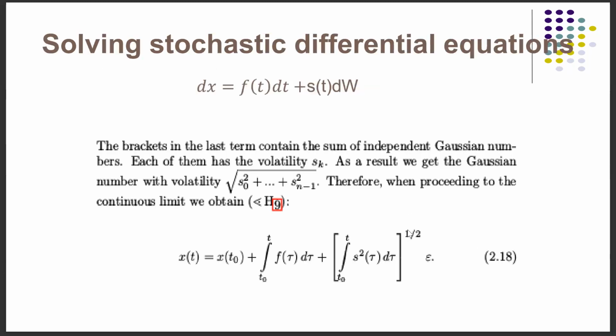And how can we solve a stochastic differential equation? It is not possible in every case, but if on the right side the functions a and b depend just on time t, we can find a solution in this form.